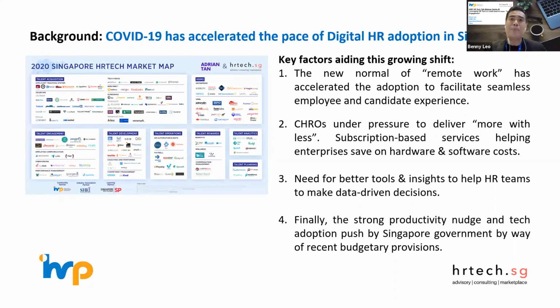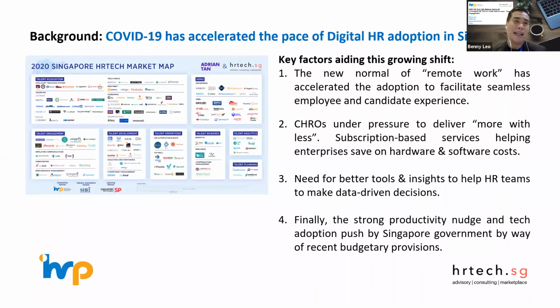Now, just a little bit of background on today's webinar and why we're doing it. Everybody knows that COVID-19 has changed the way businesses are being run. So the same thing for HR. We also have a new way of looking at things.